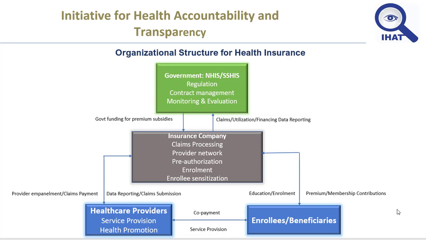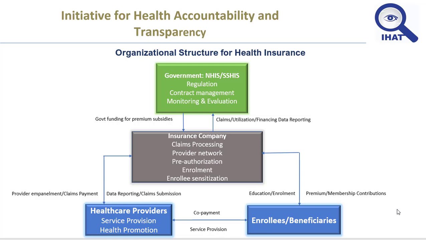As we can see, the government, which can be the National Health Insurance Scheme or the State Social Health Insurance Scheme, is at the top of the structure, and they are involved in regulation, contract management, monitoring, and evaluation.